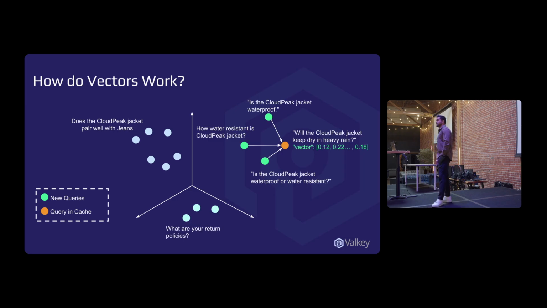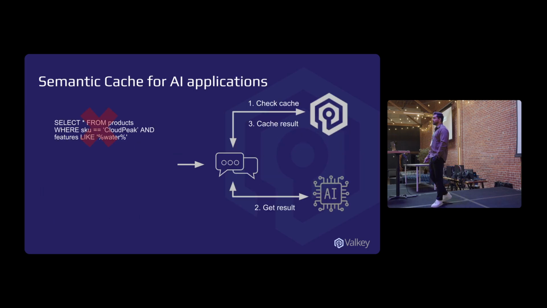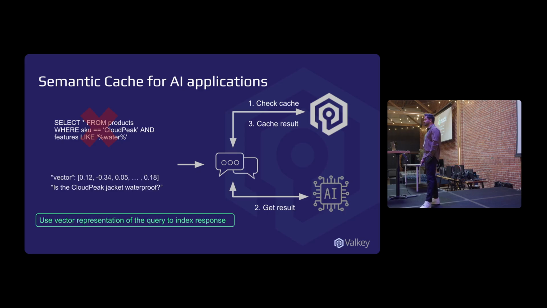When new queries come in, you can compare the distance to the existing vectors in the cache and then determine how similar the query is to an existing query in the cache. Using this approach, instead of using the exact hash of the query, we can use the vector representation to index the response and then retrieve it.